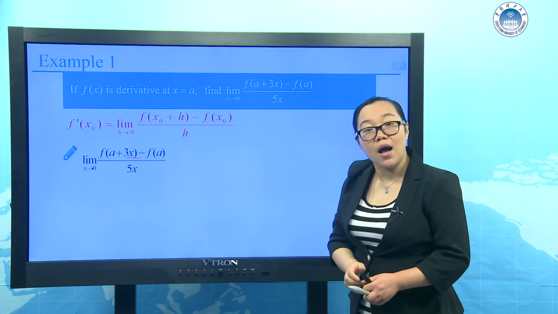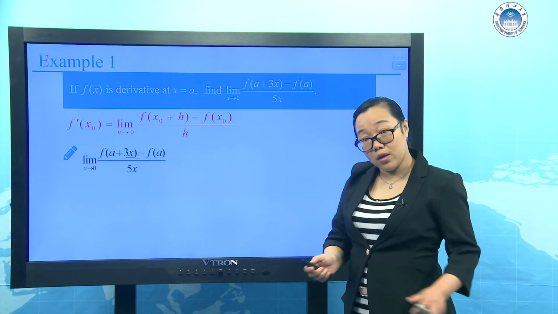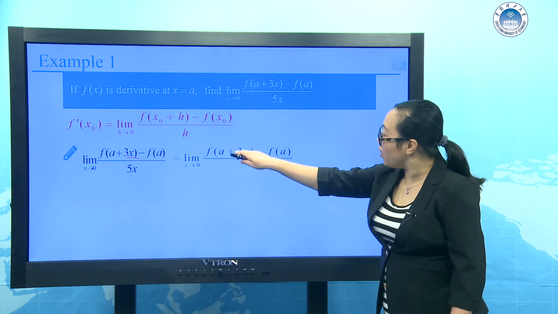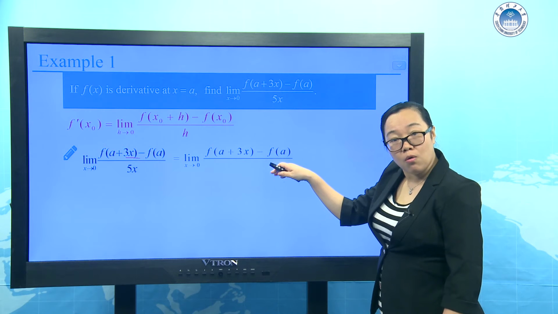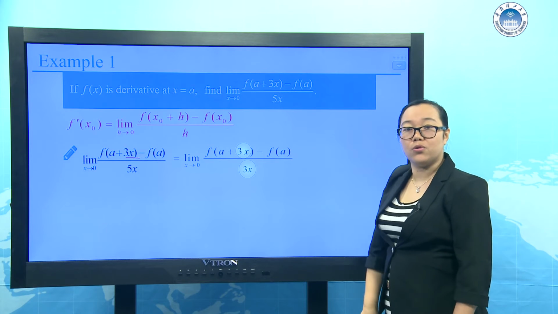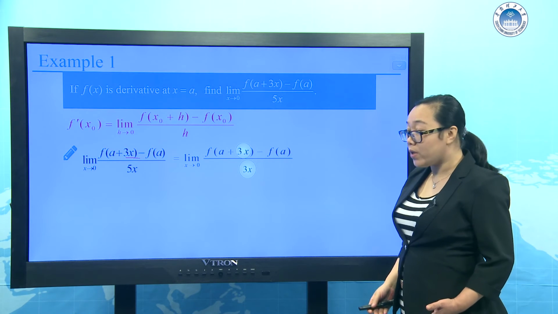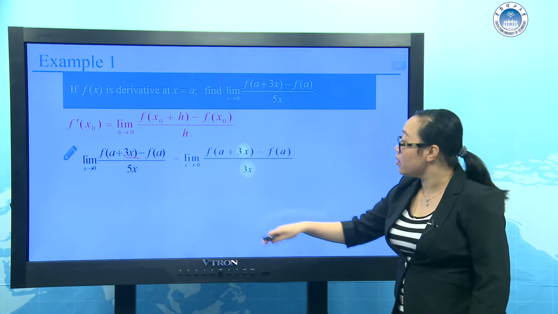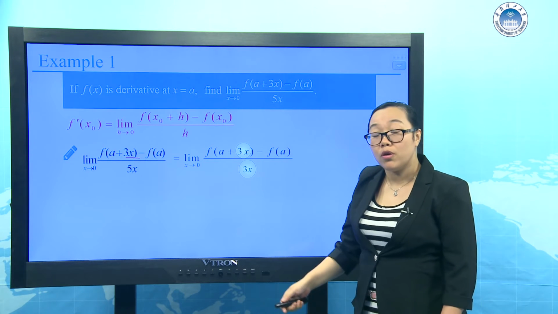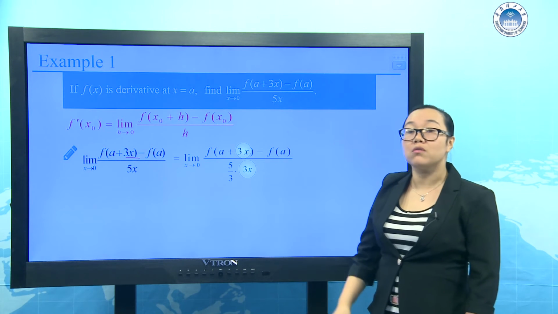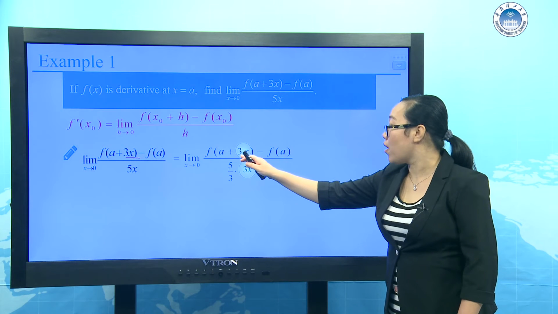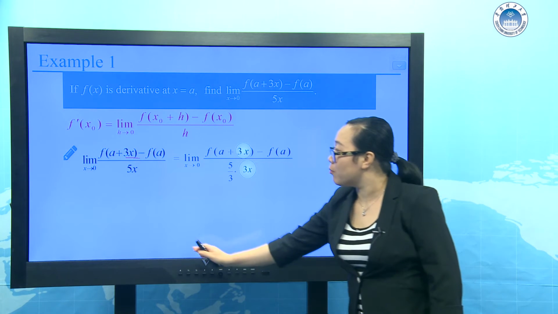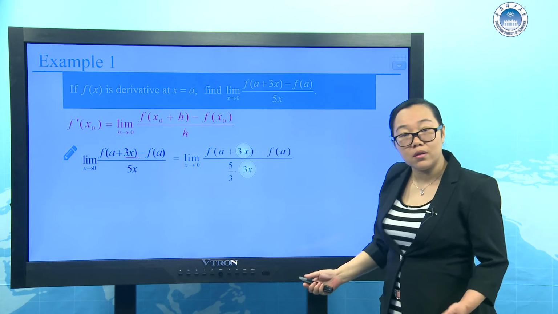So we make up f(a + h) minus f(a) over h, which is over 3x. So we should write it over h, but it is equal. Equivalently, times some constant, times 5 over 3 together equals 5x. So go back to itself. Now it's equal.